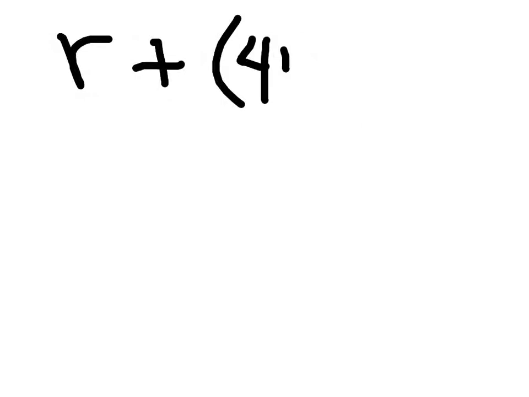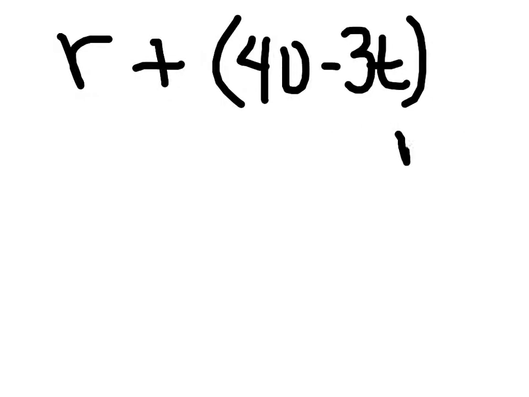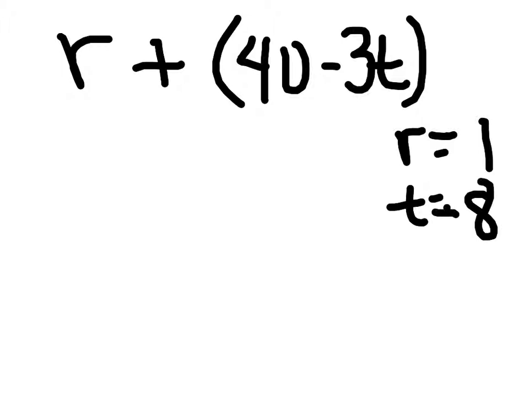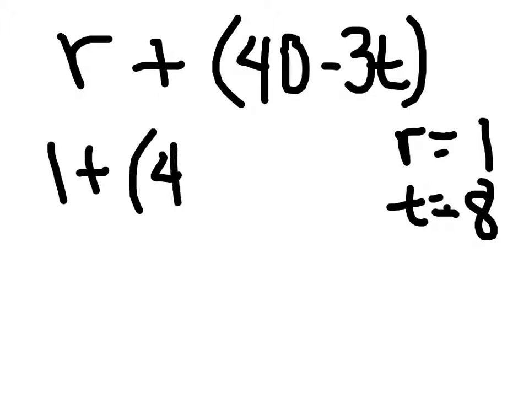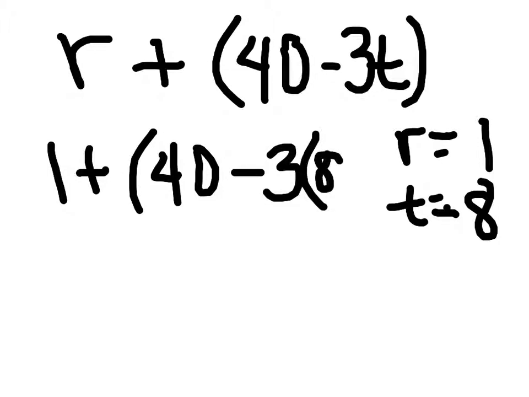Now let's do one with parentheses. So what if we had r plus open paren 40 minus 3t, where we're told r equals 1 and t equals 8. So we would substitute in the r value, so we would have 1 plus open paren 40 minus 3 times, and we substitute in the t value, 8.